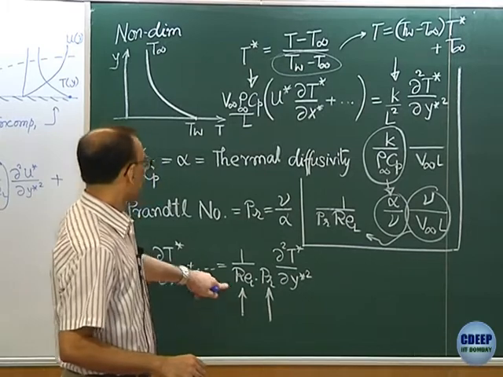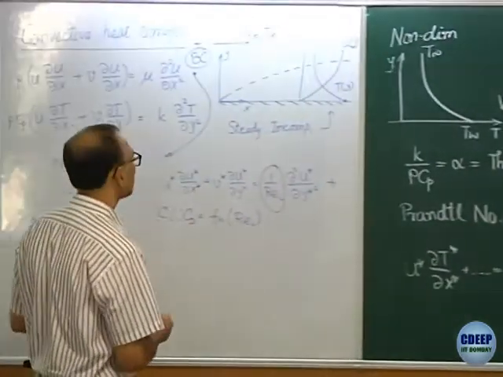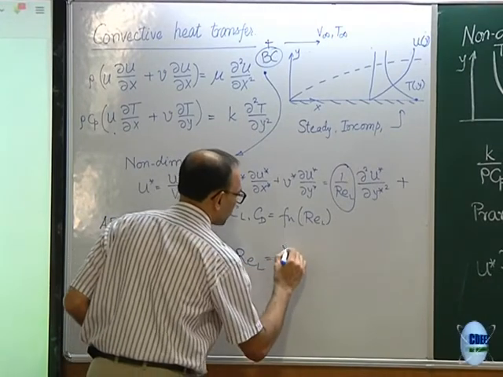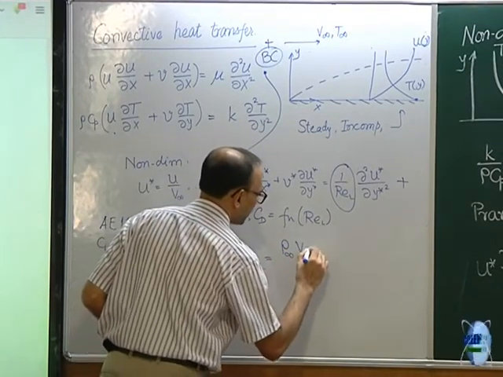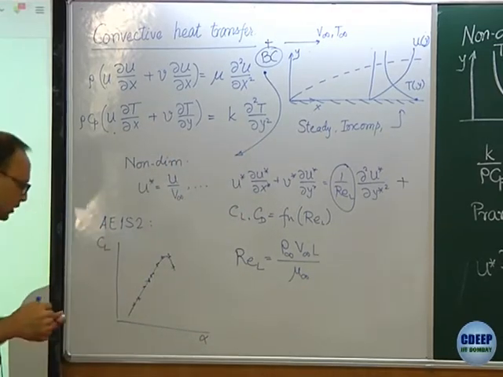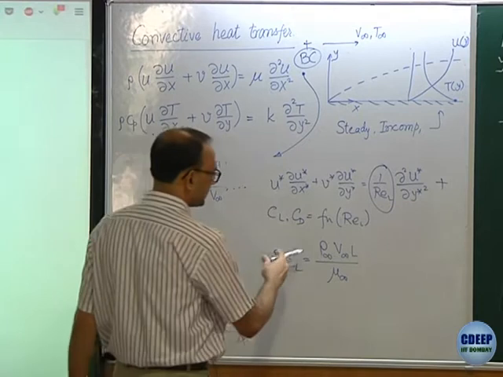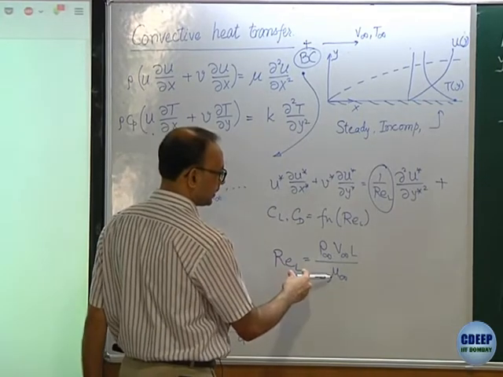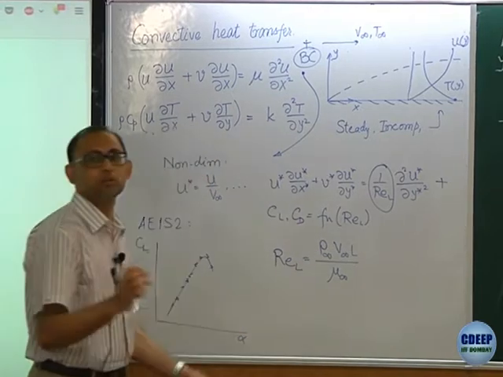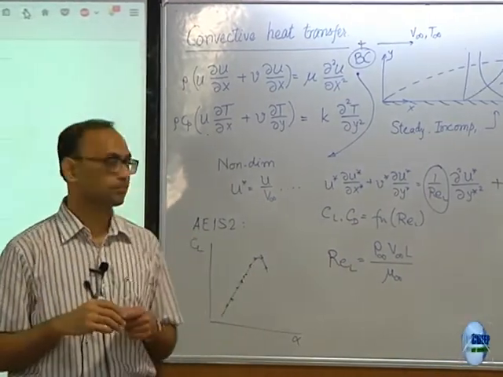Reynolds number, Re L, equal to rho infinity V infinity L over viscosity. So it depends on density and viscosity of the fluid, the flow velocity, and the size of the body, the plate in this case.